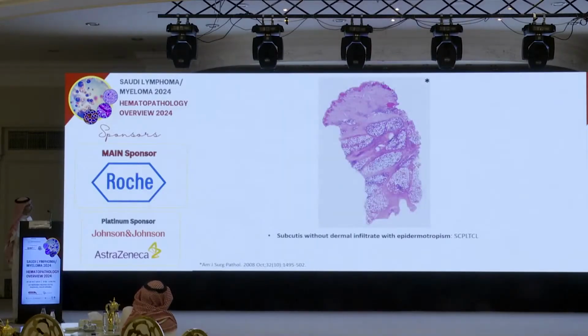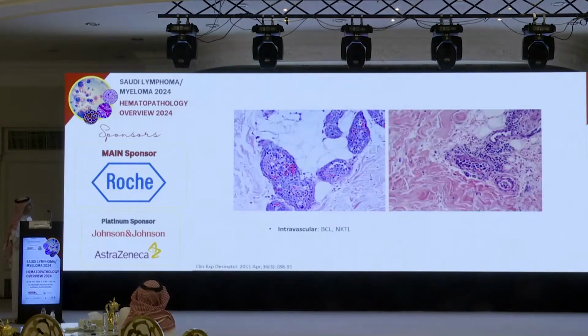This is an example of subcutaneous panniculitis-like T-cell lymphoma, where there is mainly subcutaneous involvement. We look at the vessels. If there is intravascular lymphoma, like B-cell lymphoma or NK/T-cell lymphoma, these are rare diseases, but you never know. If you don't look for them, you may miss them.